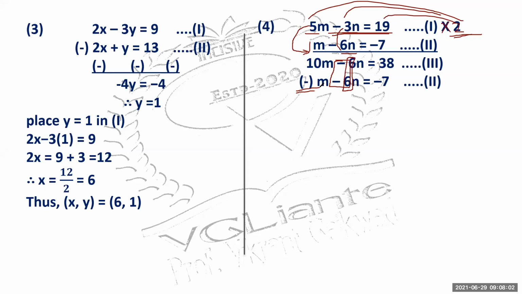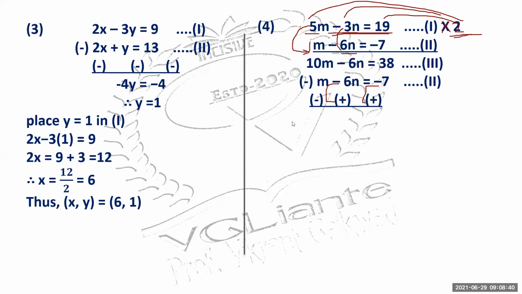When you use the subtraction sign, all your positive terms will become negative and negative terms will become positive. So this plus m will become minus, minus 6 will become plus, and minus 7 will become plus 7. Understood? Now you can start with your calculations.